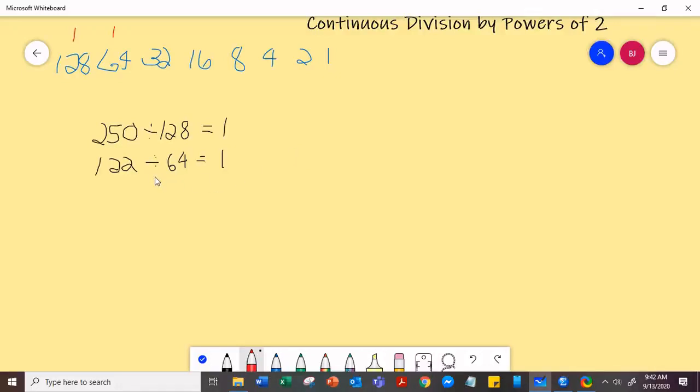And the remainder would be around 58. Just verify that it is indeed 58. So 50, 60, 110 plus 4, 8, 122. Okay. Then we can divide by 32.